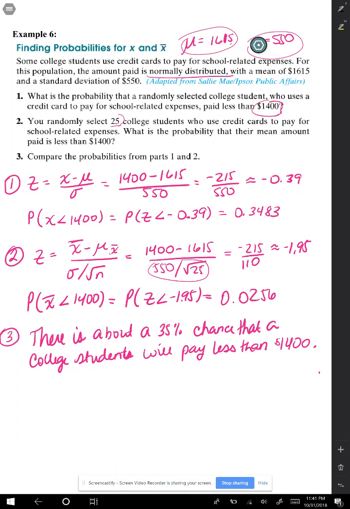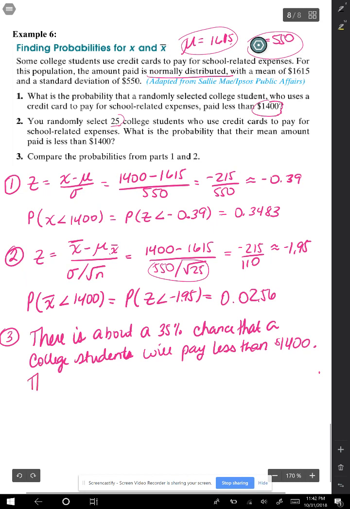But then if you go to the mean amount of a sample of 25 students, so if you randomly selected 25 students, the probability that those students would be less than 1,400 is very small. It's only about 3%. So if you move the decimal twice, 2.5 or about 3%.